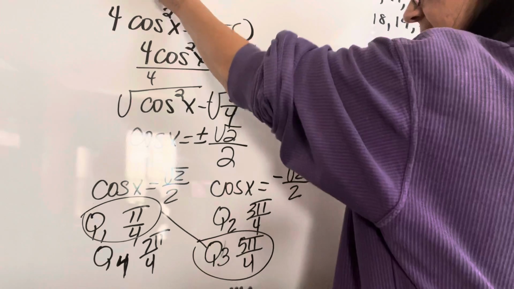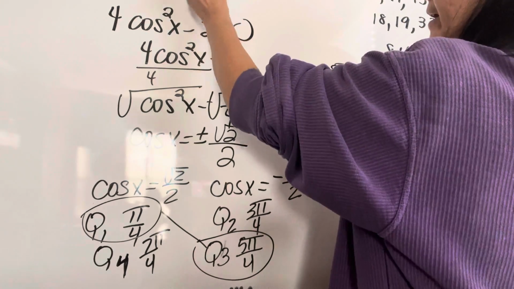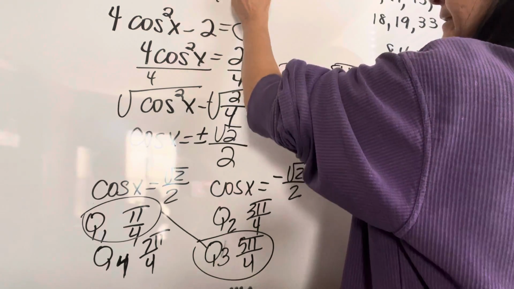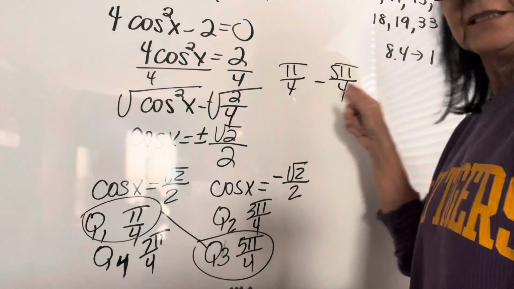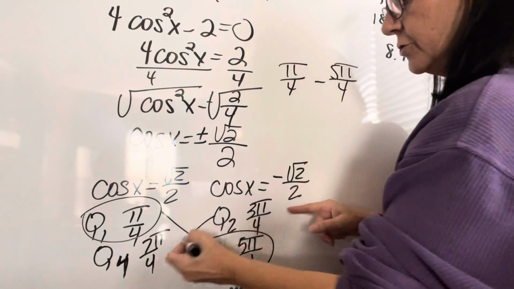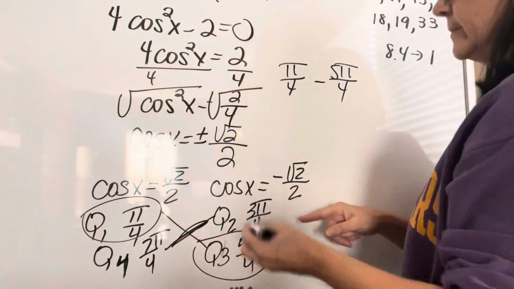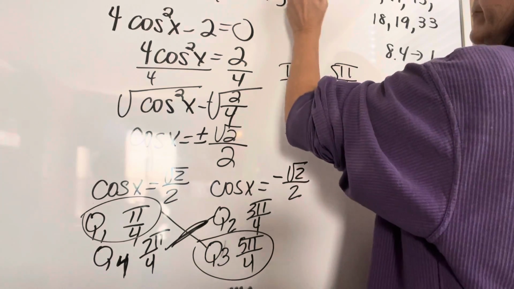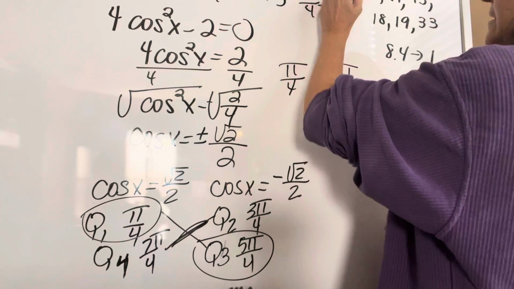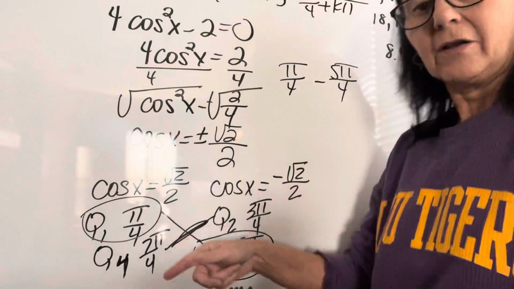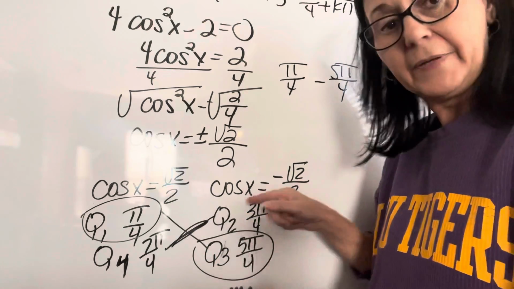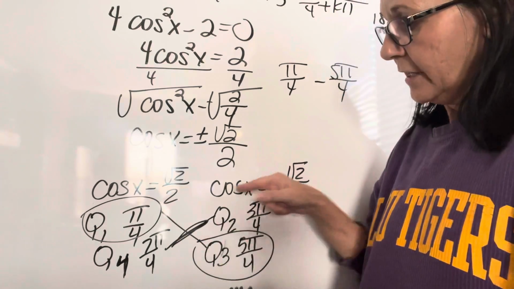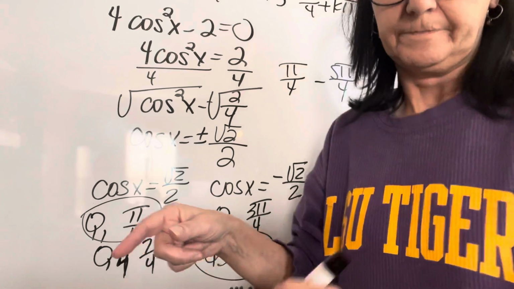If I just say x is pi over 4 plus k pi, because their distance is pi. And then I could choose one of these either in quadrant 2 and 3 and just add k pi. And it's 3 pi over 4 plus k pi. You could have put all of those plus k pi, but 2 are repeats, so understanding that is important. All right, back to 8.4.